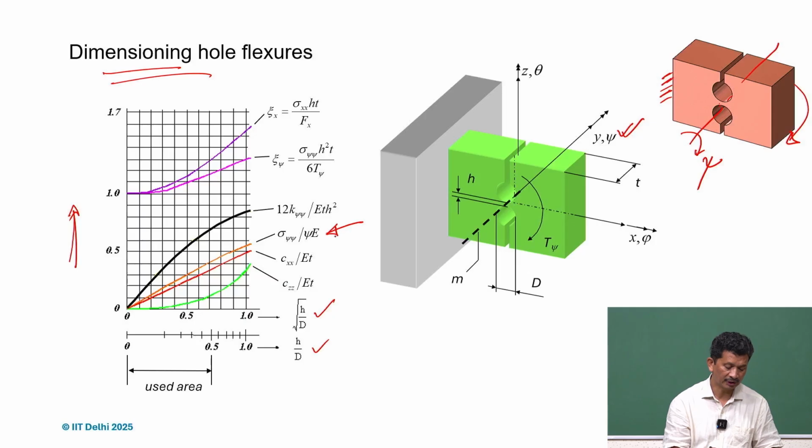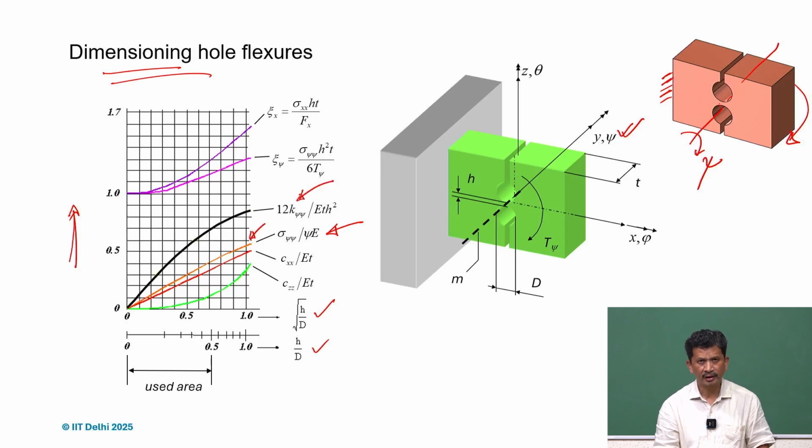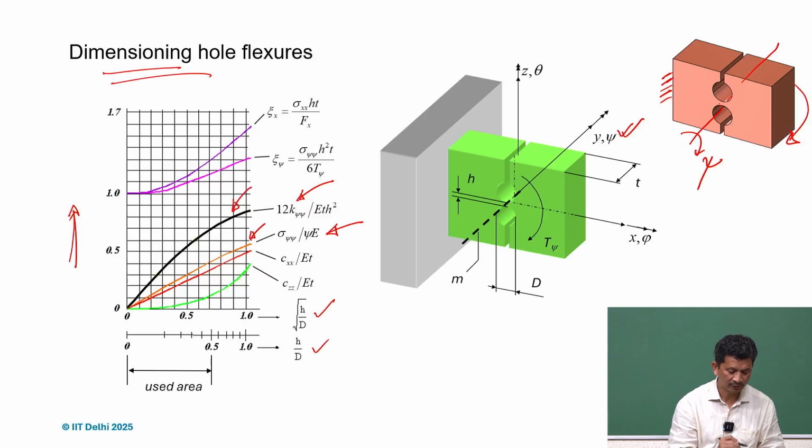If you want to know the sigma value, the stress value with respect to h by d, this is the plot we are interested in. We'll also be interested in knowing the k values, the rotational stiffness in the psi direction, so we may have to refer to this plot.